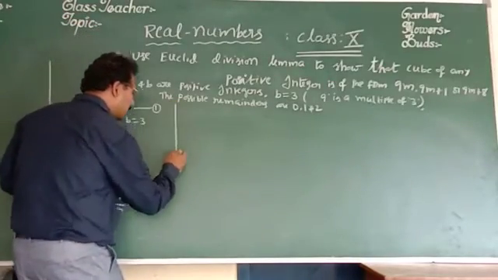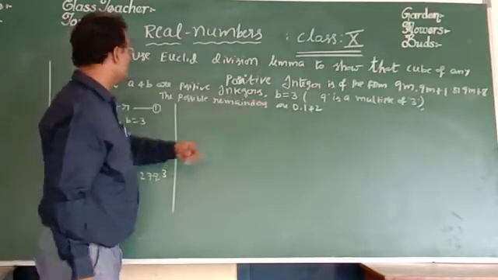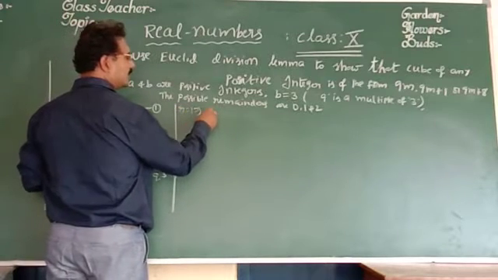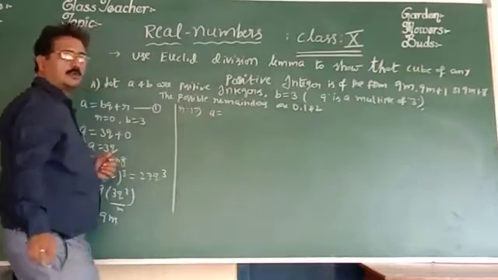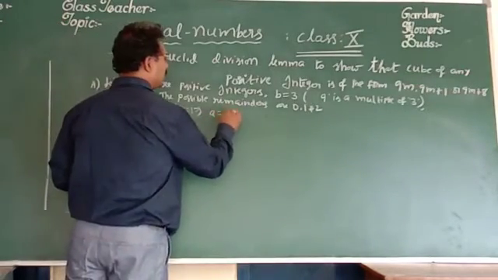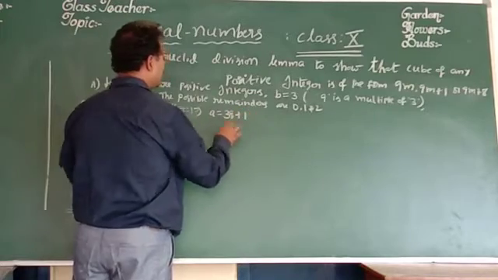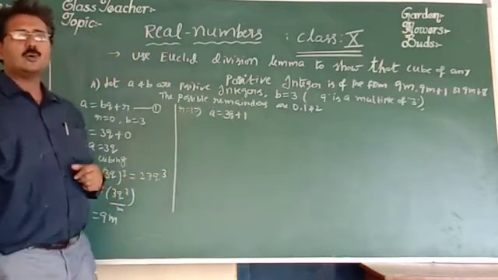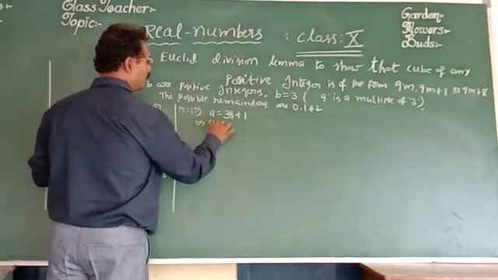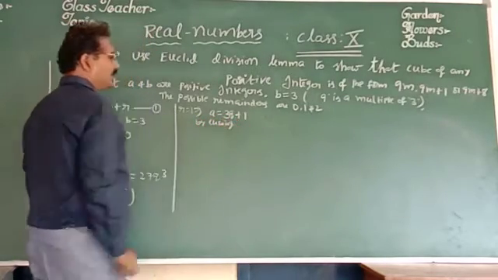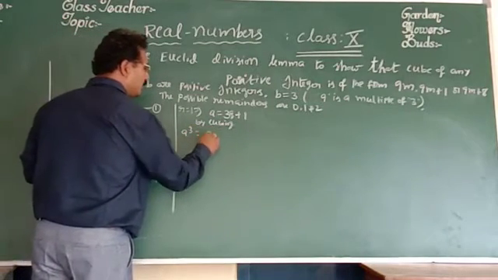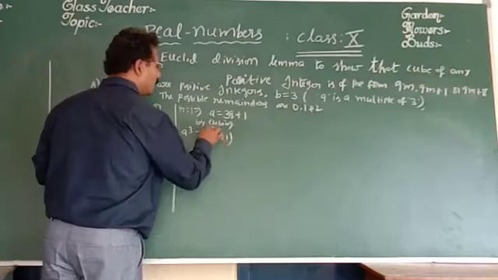Now second one, put r is equal to 1. Now r is equal to 1 implies a is equal to bq plus r, that is 3q plus 1, since the remainder here is 1. Now by cubing on both sides, a cube is equal to 3q plus 1 whole cube.